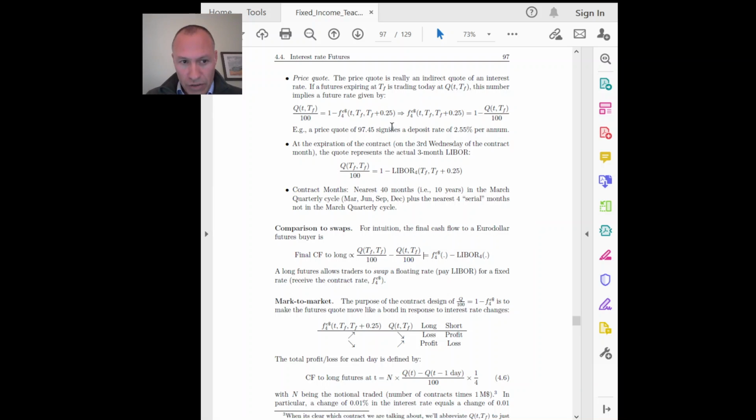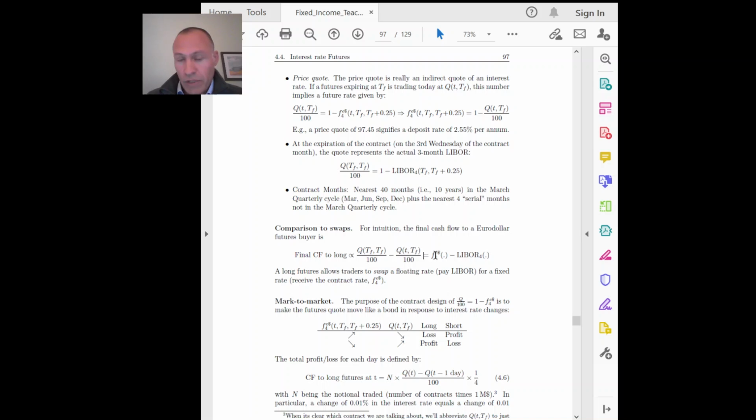Which, as you can see up here, is related to the forward rate. So if you replace the forward rate and the LIBOR here, what you get is that the final cash flow to the long futures is proportional to this fixed rate minus the floating rate. This looks exactly like a swap, where you are paying floating and receiving fixed.